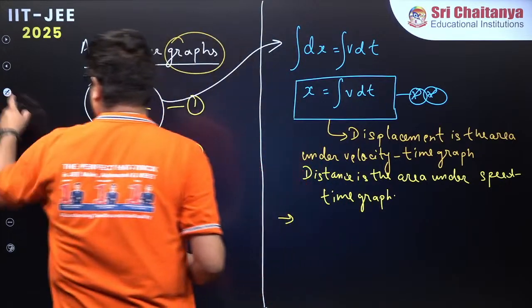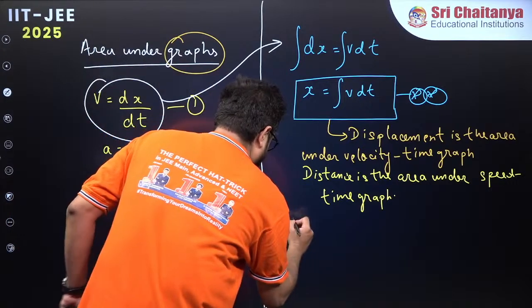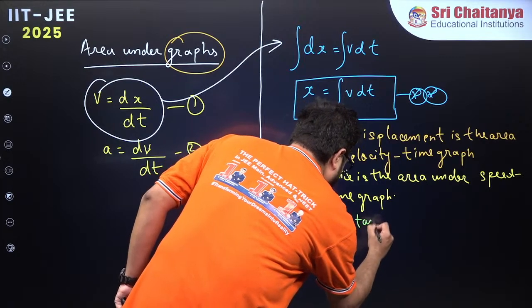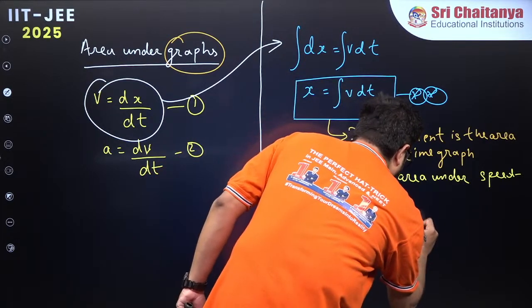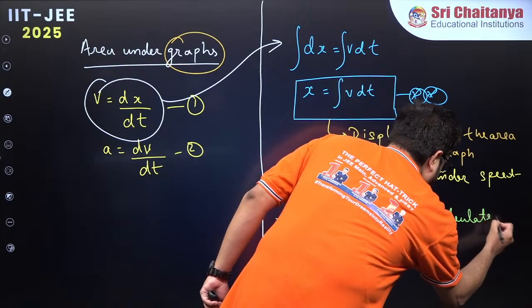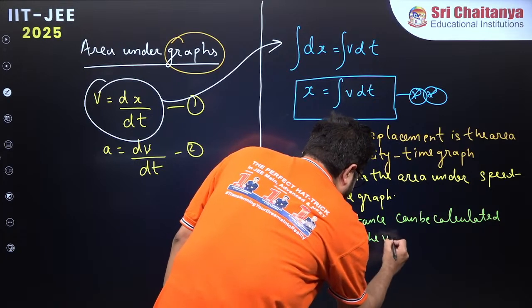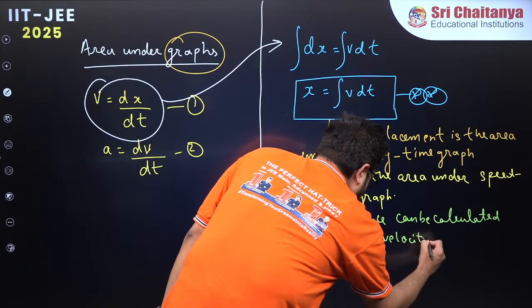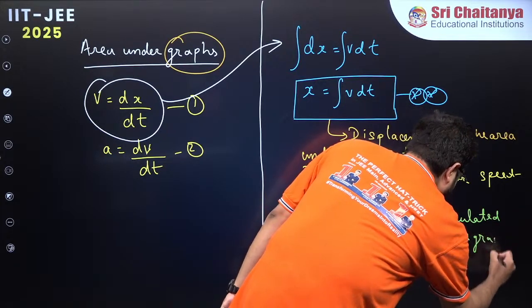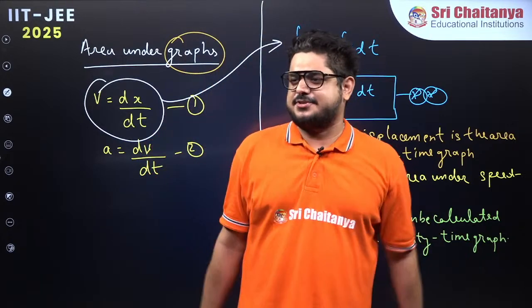Another thing in the form of a note, you all can write down: the distance can be calculated from the velocity time graph as well. We will see that by means of an application, which we are going to deal with in the upcoming context of today's lecture session.